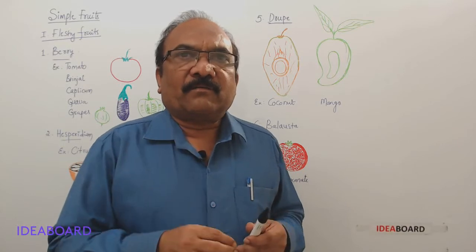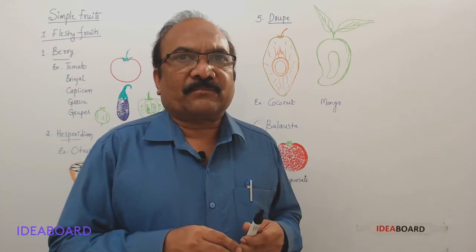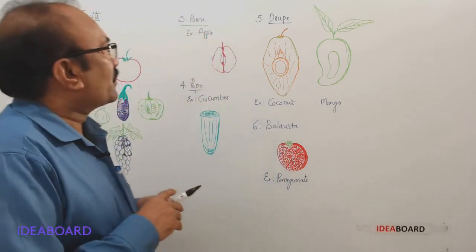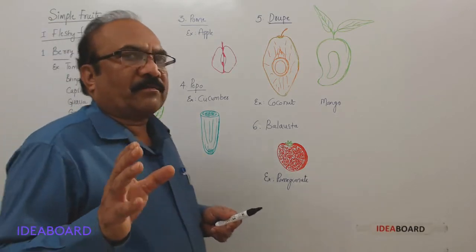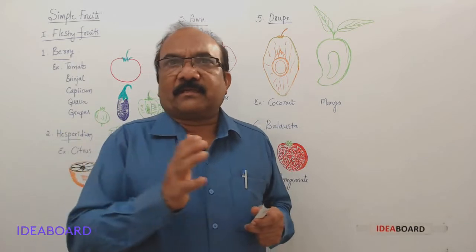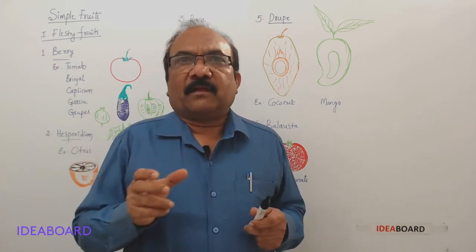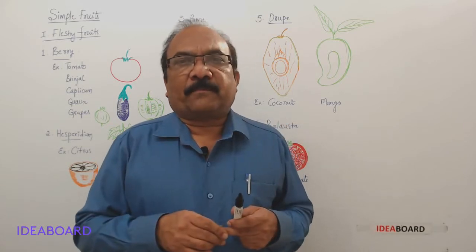Now we will discuss in this video the details of those fruits. So we have classified the fruits into three types: simple, aggregate, and multiple or composite fruits.